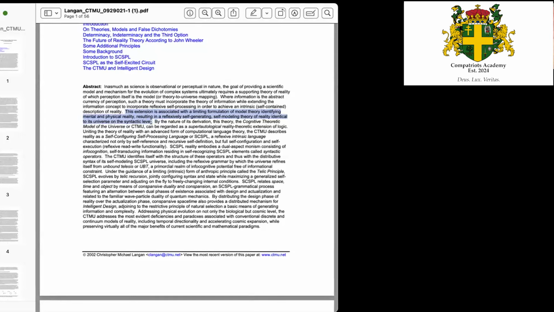It says, yes, models and theories and universes are connected, and that's a limit, as we were talking very abstractly. But for the universe itself, beyond just our scientific theories, the theory and the universe are the same, and so there is an operator that connects mental and physical reality for every object.